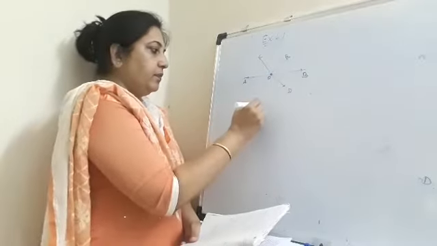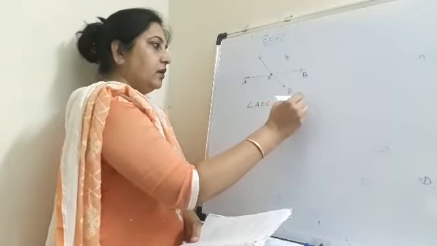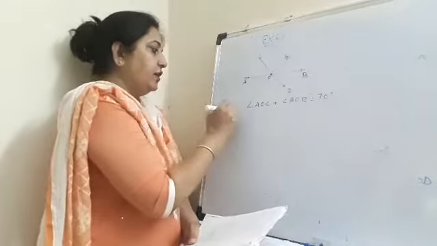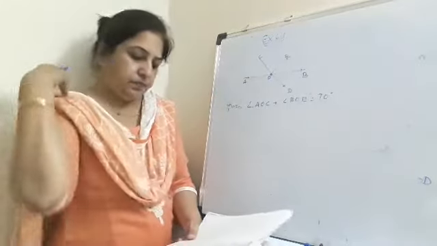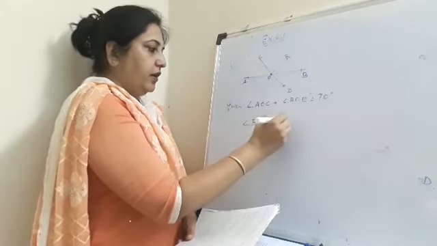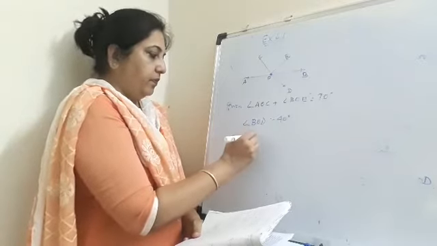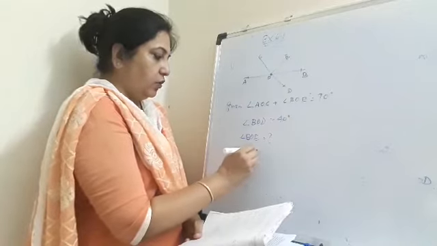Angle AOC plus angle BOE equals 70 degree. This is already given, question number 1. Then angle BOD is equal to 40 degree, and find angle BOE, question mark, and reflex angle COE.